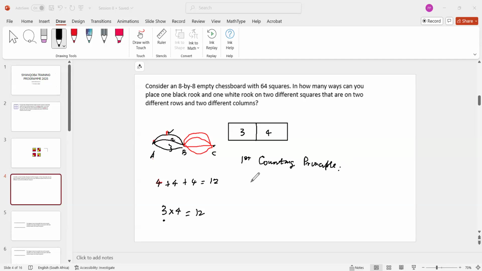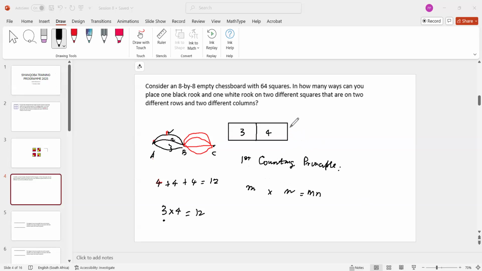If you have 2 actions to be performed, and the first one can be done in m ways, and for each choice of the first, there are n ways of doing the second, then there are m times n ways of doing both together. So here you got going from A to C, you're doing that and that. So if there are m ways of doing one thing and n ways of doing another thing, then there are m times n ways of doing both together.